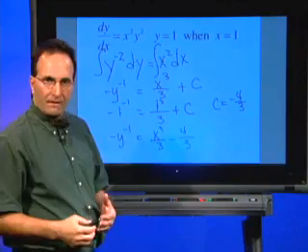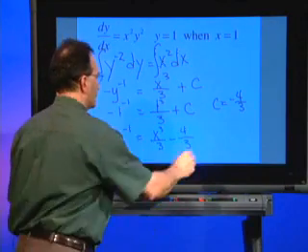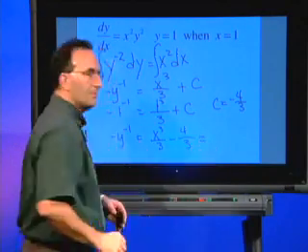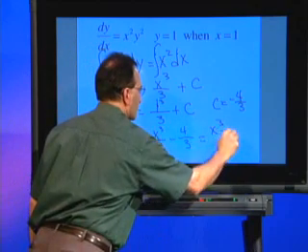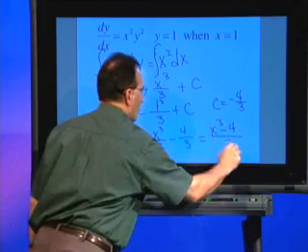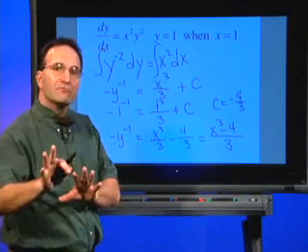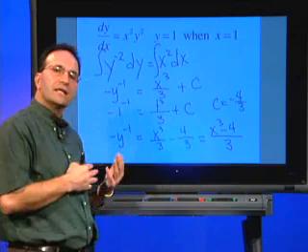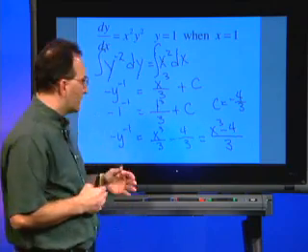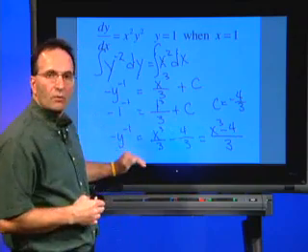Let's simplify that a little bit. What we can do is combine the right-hand side, make that x cubed minus 4 all over 3, and then recognize on this side we have negative y raised to the negative 1, which means that it's negative 1 over y.